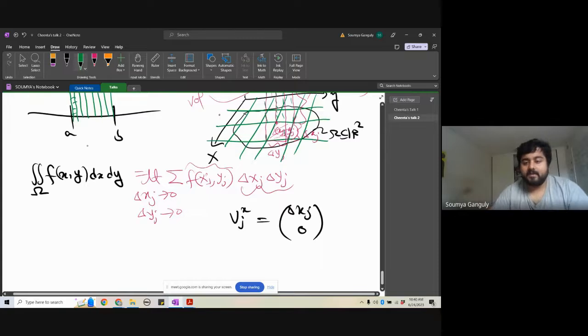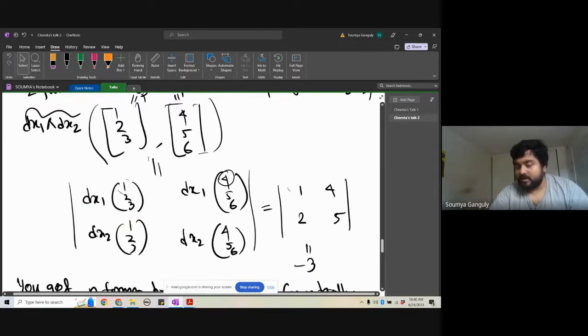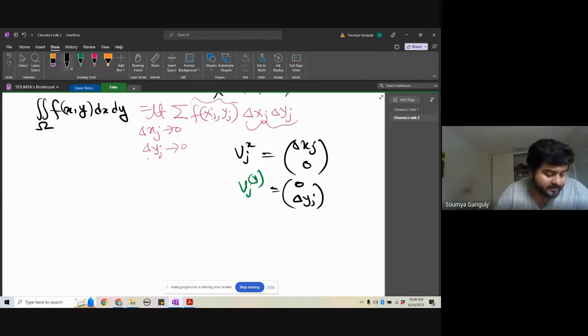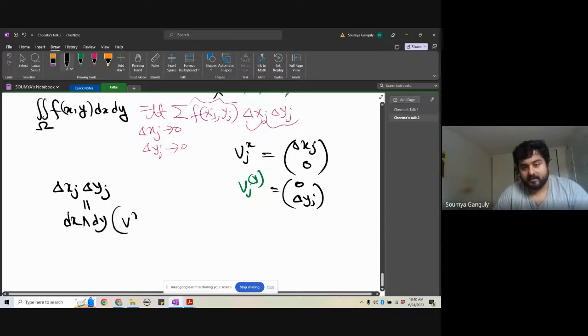Create a vector vjy as 0 comma delta yj. Then, because of the calculation that we did on how differential two-forms act on two vectors, you can just check that delta xj delta yj is the same as the action of dx wedge dy on the vectors vjx comma vjy. You can check that. That's homework for you. It's the same calculation that we did above.